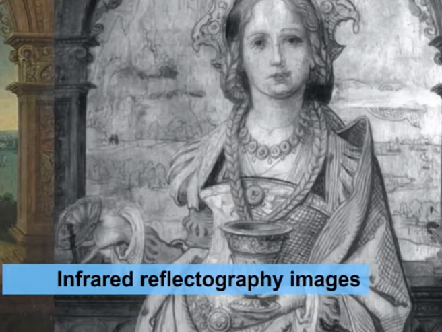A more refined camera has the ability to detect infrared light even further down the range, from 1100 nanometers to 1700 nanometers, resulting in the production of infrared reflectography images.